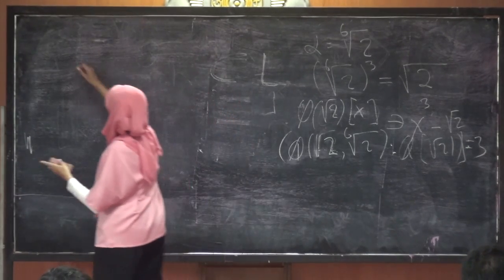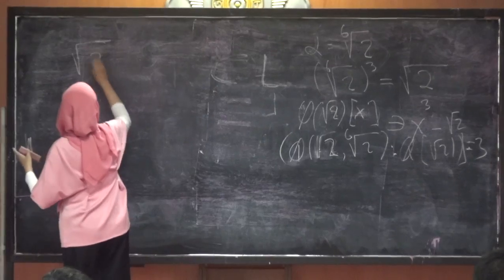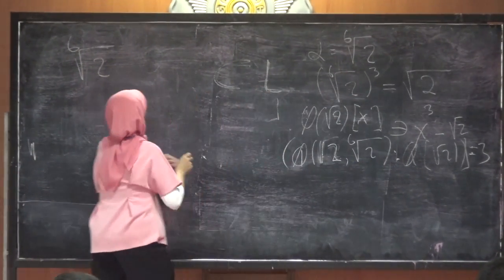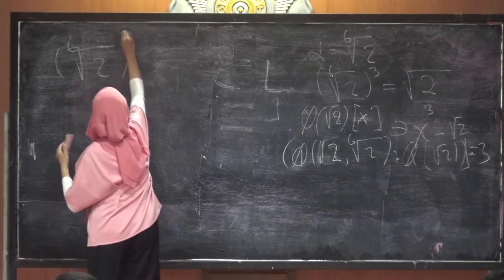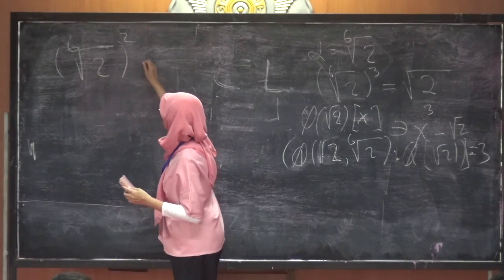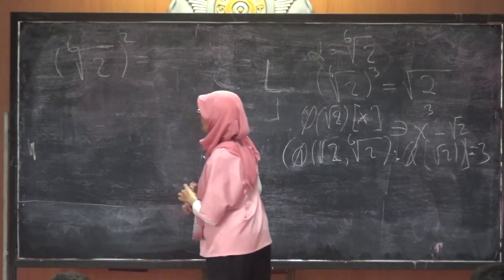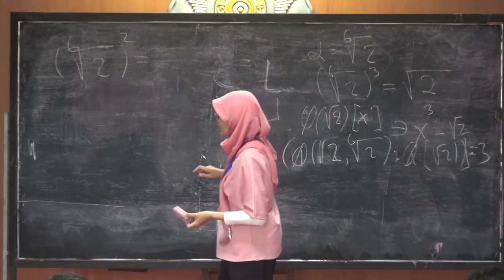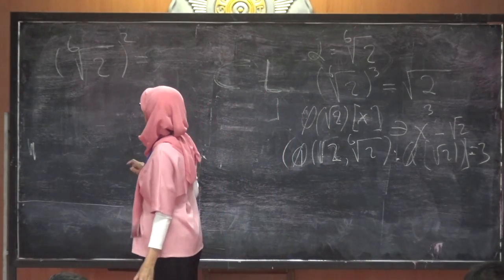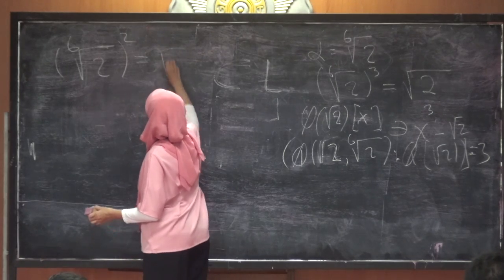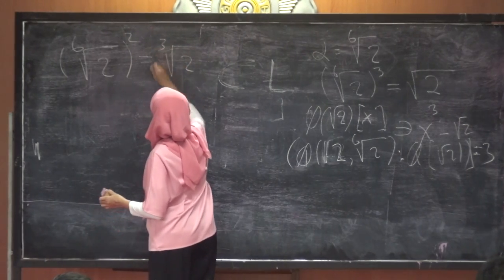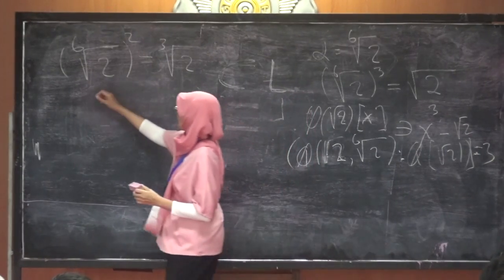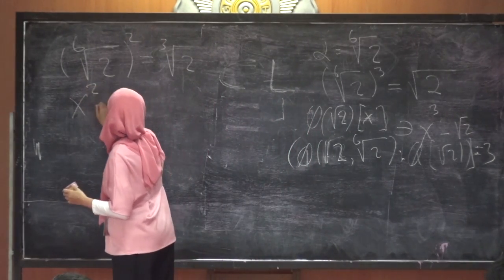You can make this cube. That means the polynomial is square.